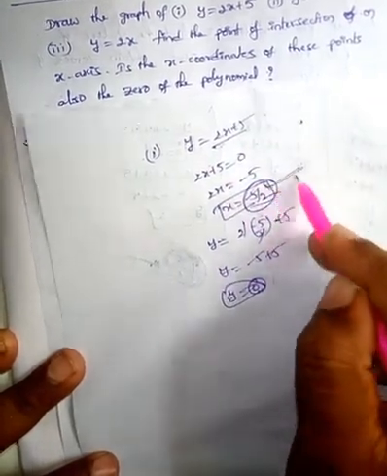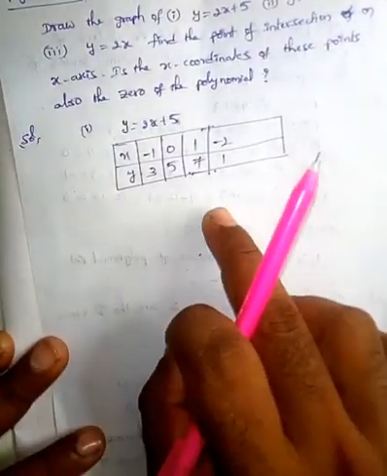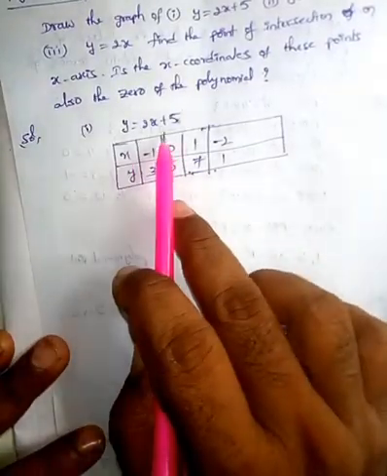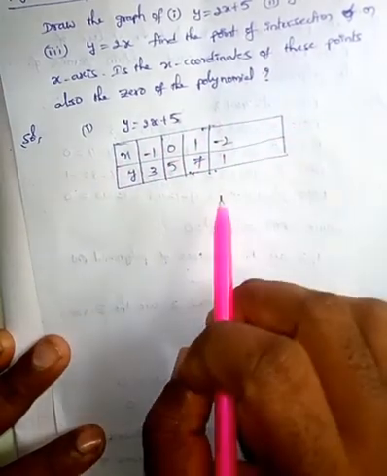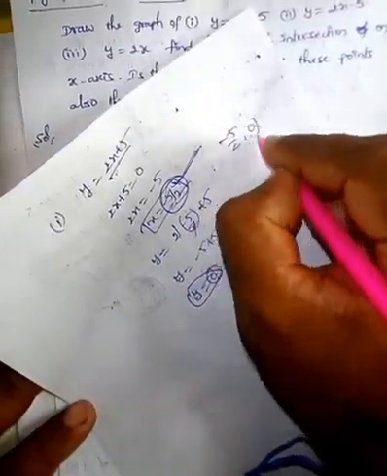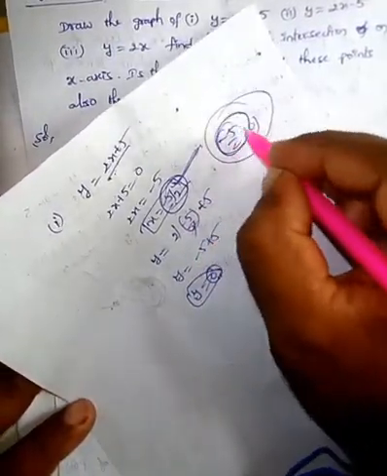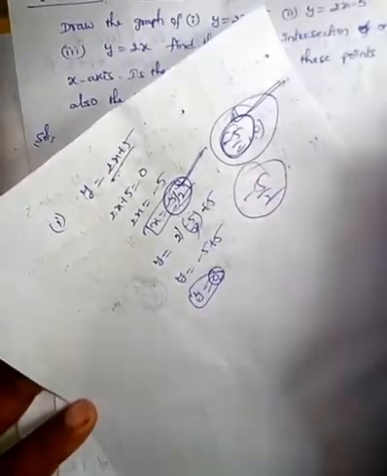So this is the 0 of the polynomial. This value also you can find from the graph. If you draw the graph of y equal to 2x plus 5, the graph is a straight line and this straight line touches the x-axis at point minus 5 by 2 comma 0. In this point, the x coordinate is the 0 of the polynomial. So minus 5 by 2 is the 0 of the polynomial. Okay.